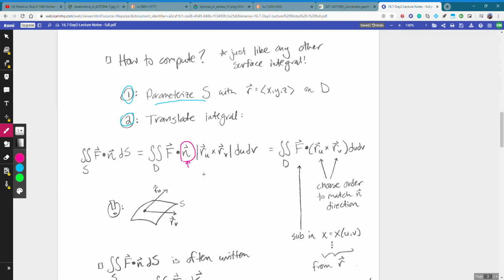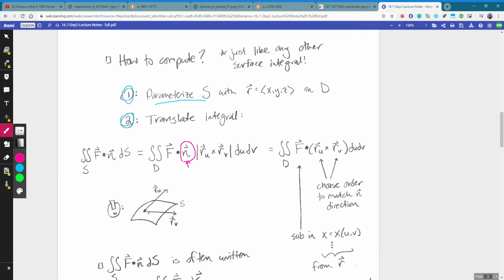Okay, so back to our picture. Our partial derivative vectors give us two tangent vectors. Well, once we have two tangent vectors to a surface, if we want something orthogonal to that, well, let's take the cross product, right?